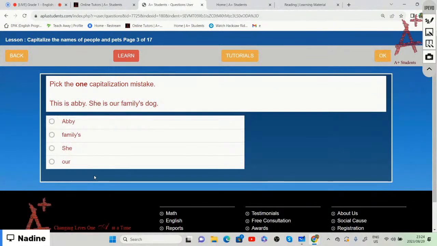This is Abby. She is our family's dog. So this is Abby. She is our family's dog. So we need to select one capitalization mistake. Is it Abby, family's, she, or our?